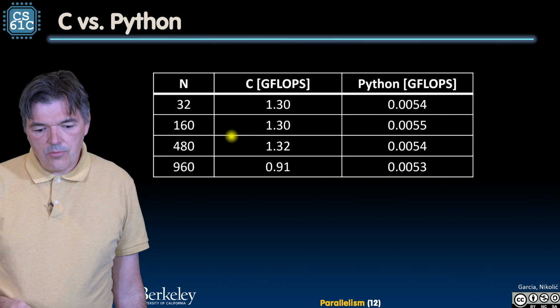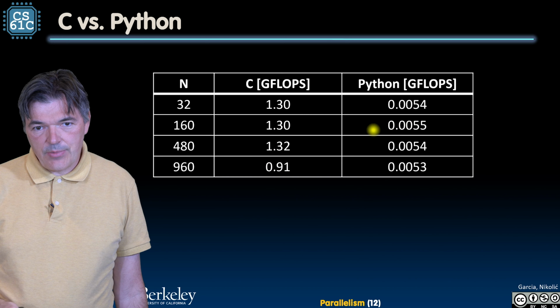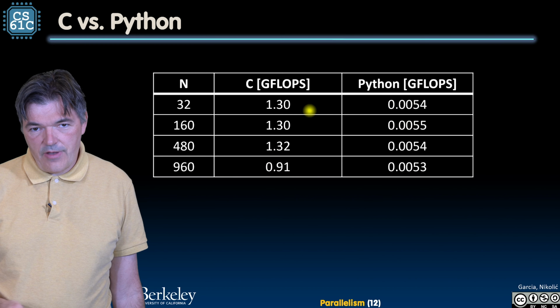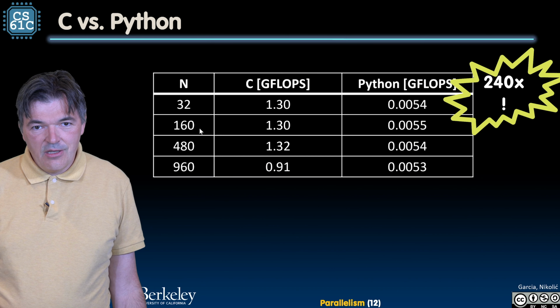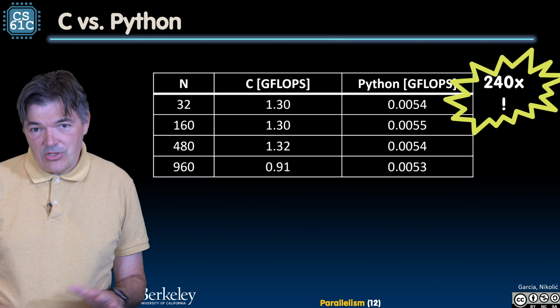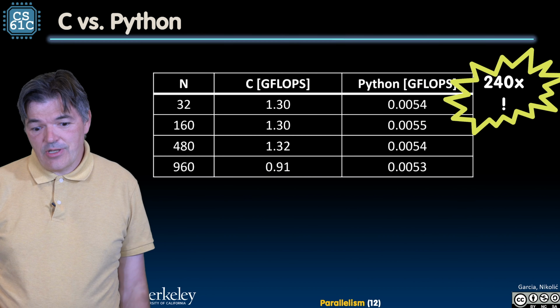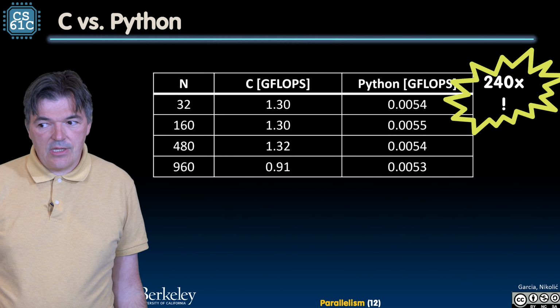And we see something kind of surprising. Code running in C is way faster than code running in Python. It's not just a little bit, it's like 240 times faster. That's crazy.